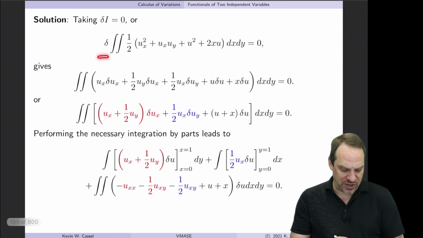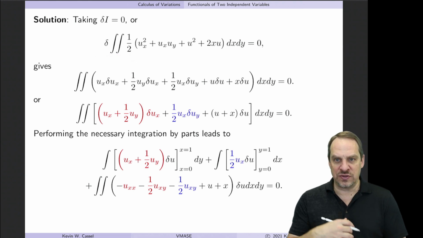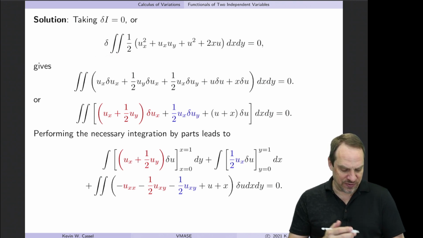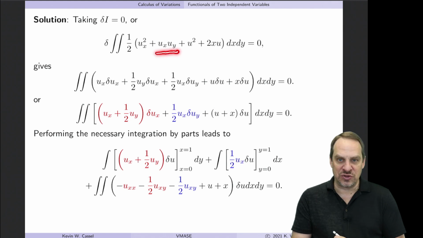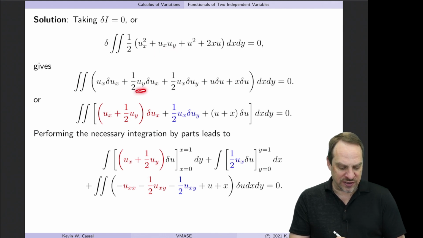So here we go. The variation of the integral is the integral of the variation for the usual reasons, because our boundary doesn't vary, it's fixed. And so I take the variation of something squared, that's 2 times the something times the variation of the something. So that's u sub x times delta u sub x. Then the variation of u sub x times u sub y, we use the product rule. So that's u sub y times delta u sub x plus u sub x times delta u sub y.